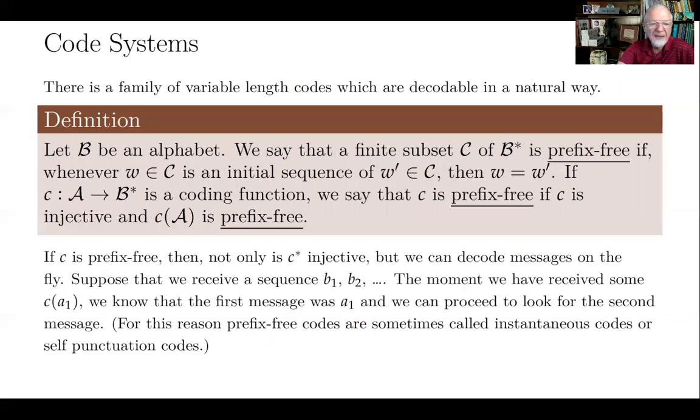Okay, so if you've got an alphabet and a finite subset of all combinations of that alphabet, it is prefix free whenever there's a special symbol W in the subset that is the initial sequence of every code word.